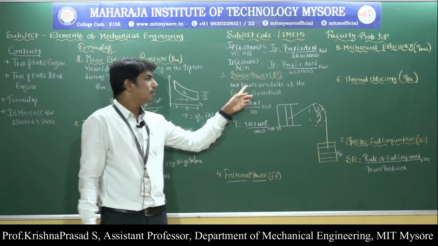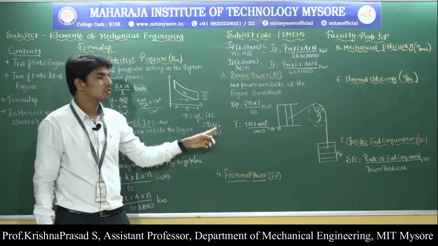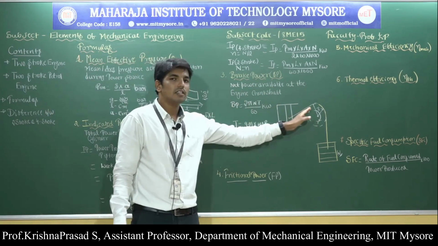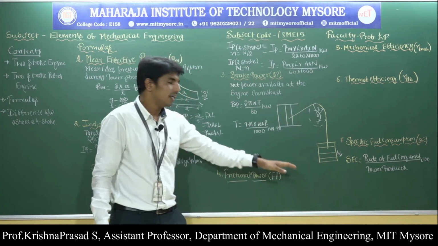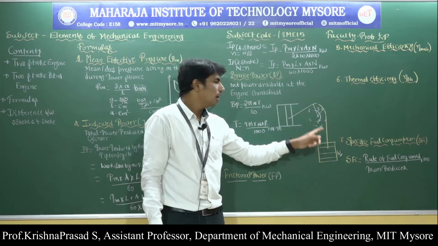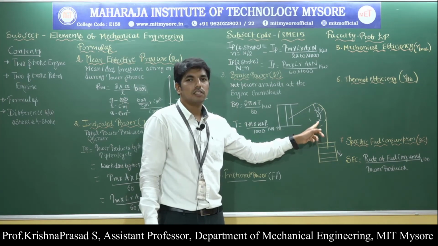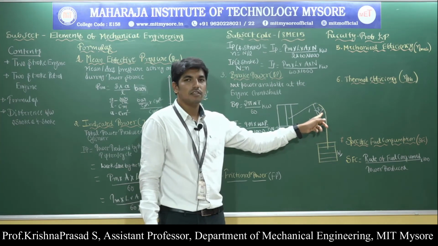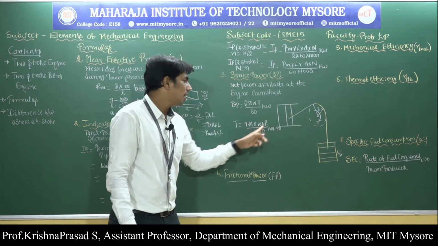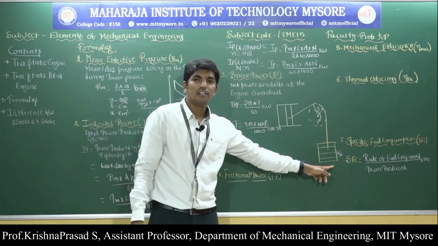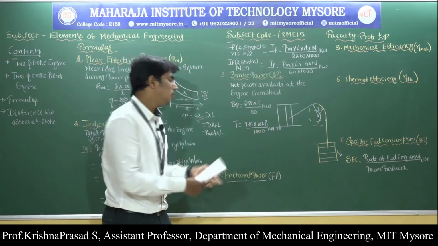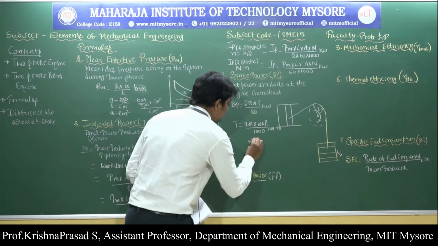Okay, so the net power available at the engine crankshaft is called the brake power. In order to calculate the brake power, we connect the engine crankshaft to the dead weight. By increasing the weight, the engine crankshaft is going to stop, and here T represents the torque developed and R represents the radius of the brake drum. W is the net weight applied on the brake drum, here W in terms of kg.